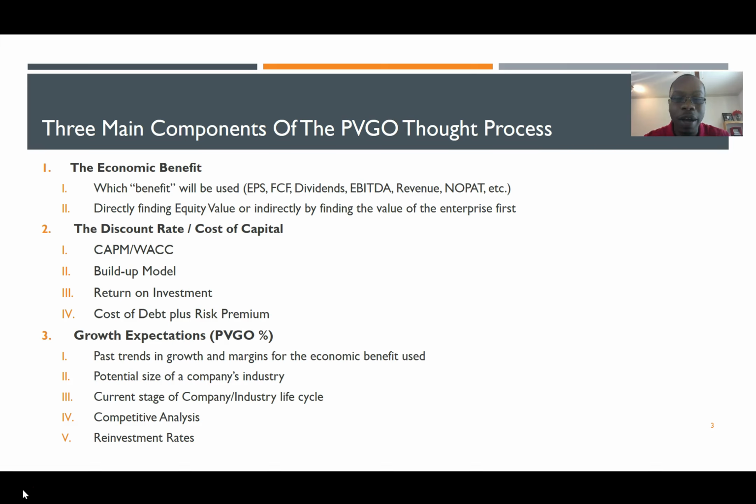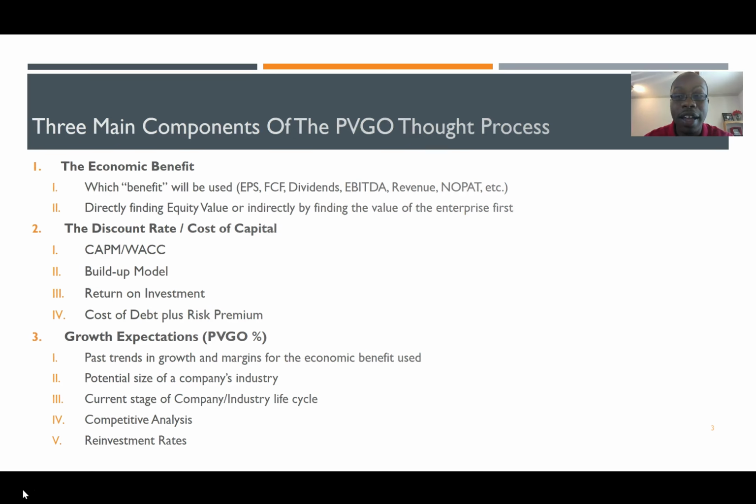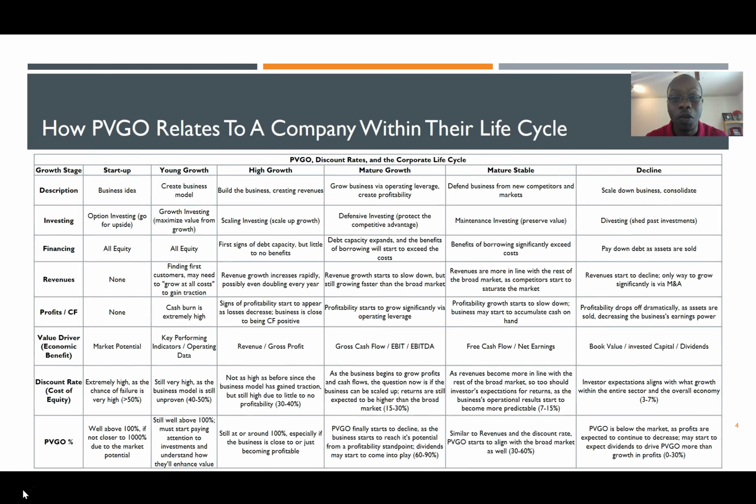Some people have a build-up model, historical returns, whatever's your flavor. And then growth expectations. That's where PVGO percentage comes in. And you can use past trends, the potential size of a company, current stage of the company, competitive analysis, reinvestment rates.